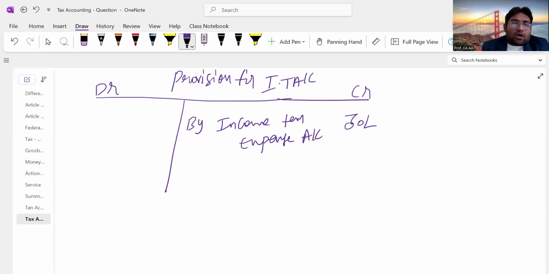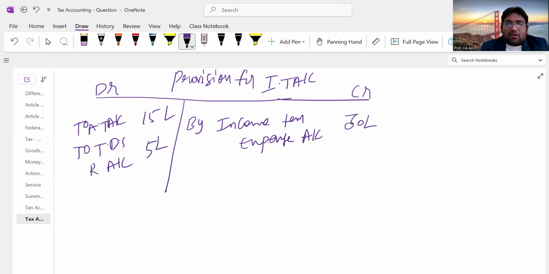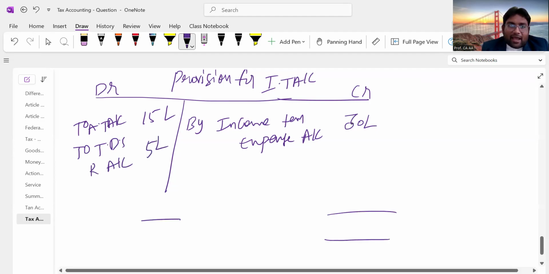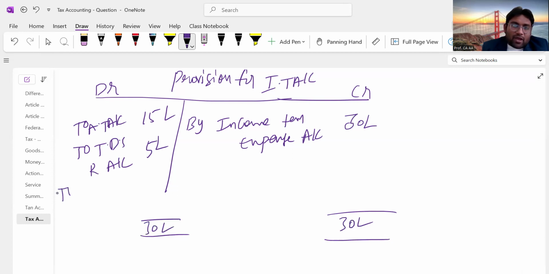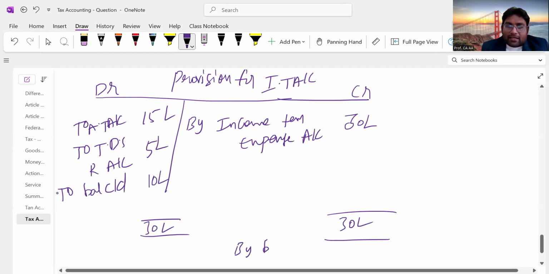Out of this, to advance tax account 15 lakhs, to TDS receivable account 5 lakhs. Still there is a balance of 10 lakhs: 30 lakhs, 30 lakhs, to balance carried down 10 lakhs, by balance brought down 10 lakhs. This is the game altogether.